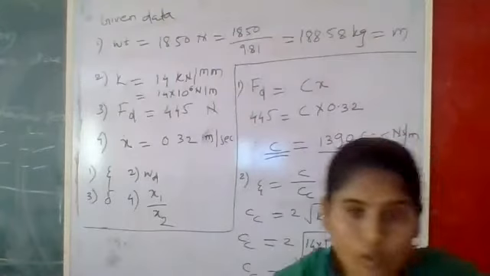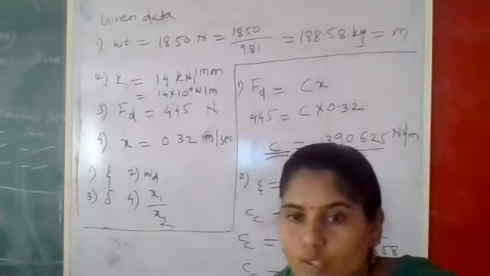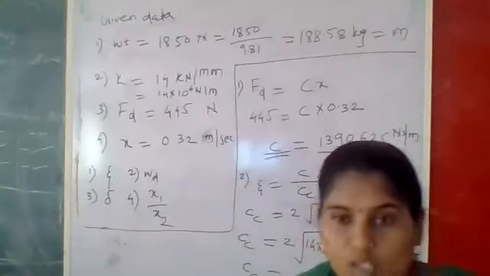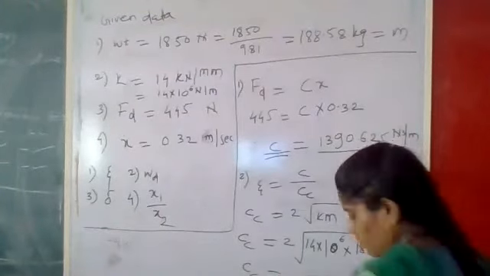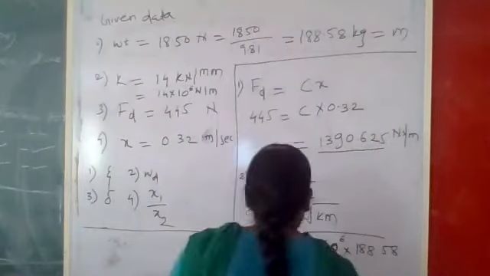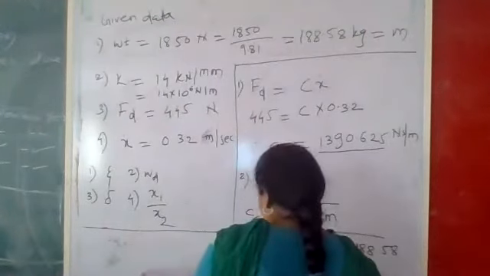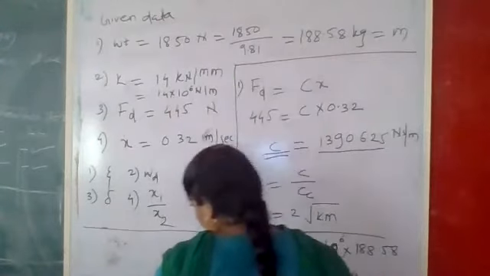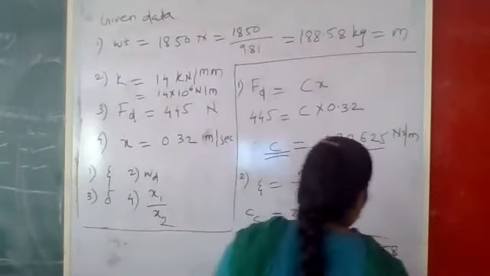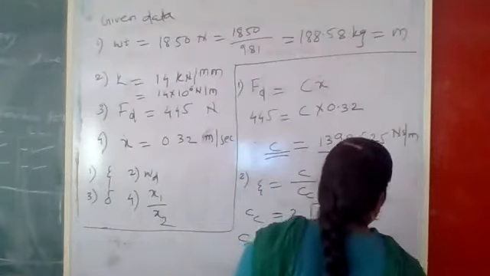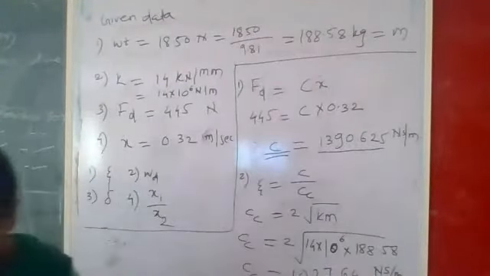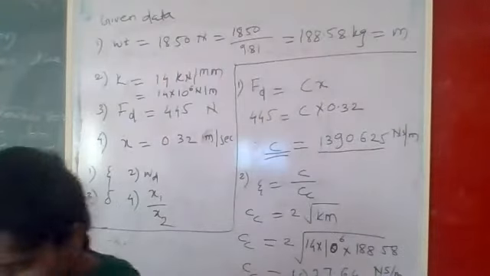Tell me the value of Cc. It is 1027664. That is the value of Cc, and that is Newton second per meter. Write down this: Newton second per meter.